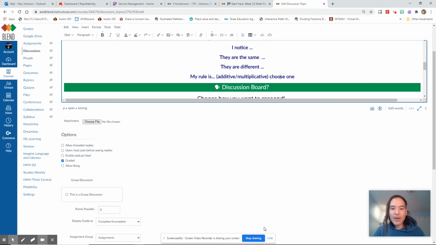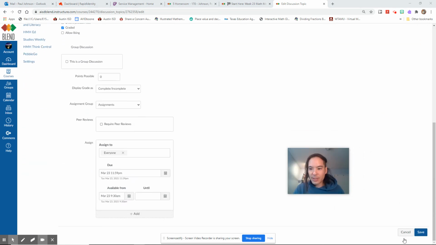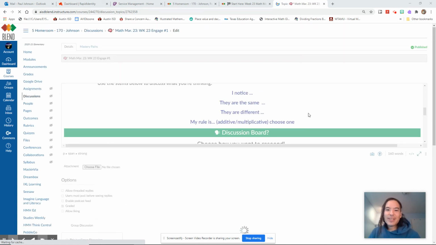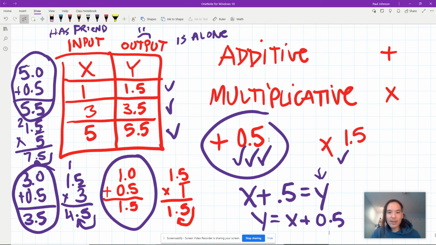That's not how you write choose, that's chose. Okay, so that is complete now. I'm gonna move my head to save it though. Big head, there we go. So for your last stem, you're going to write my rule is additive or multiplicative. In this one, we found out that it's an additive rule because we had to add to change our x to our y in all three rows.